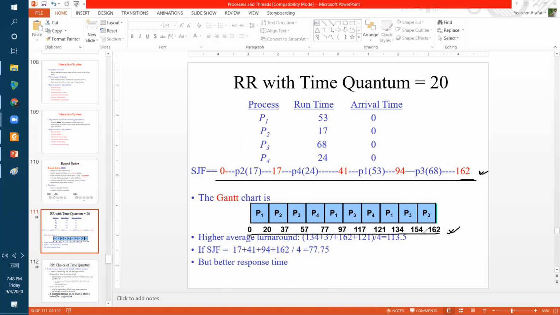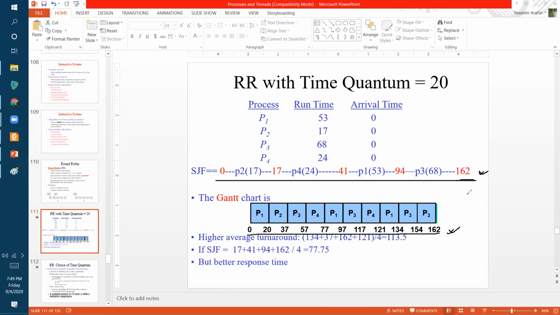Okay, so now we cannot just say that SJF is better or round robin is better. We have to calculate other performance metrics to find which one is the best among them.